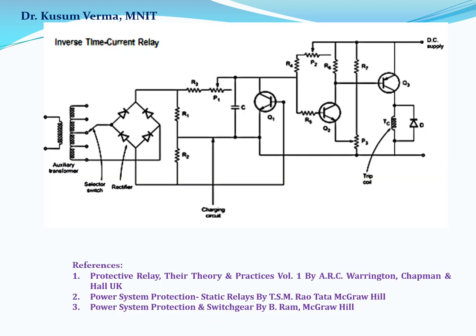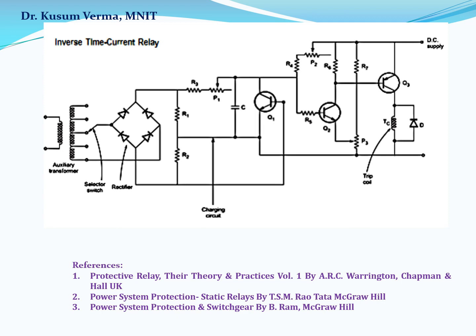The figure shows the circuit diagram of static inverse time overcurrent relay. Under normal conditions, the transistor Q1 gets biasing from the DC supply applied through the resistance R4 and P2 and conducts. Hence the capacitor C is short circuited.